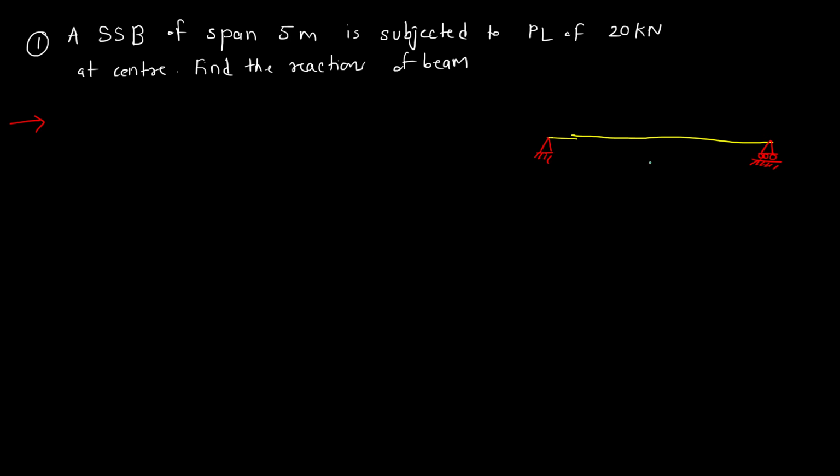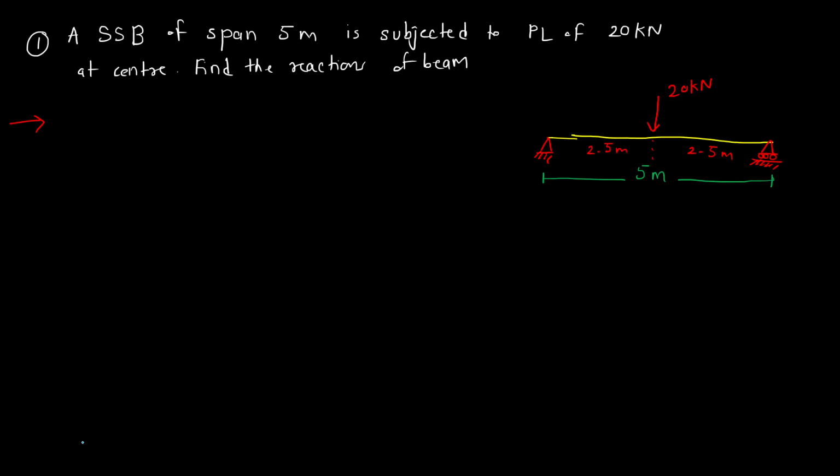The span of the beam is 5 meter. That means this length is 5 meter, and the value of point load is 20 kilonewton, and it is present at the center. That means it is 2.5 and this is also 2.5 meter.